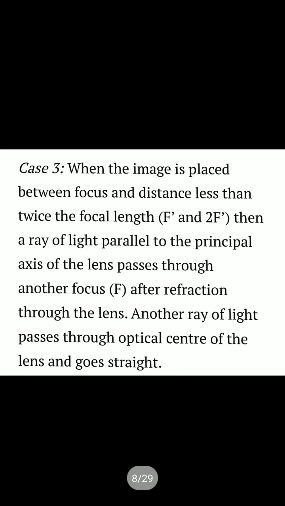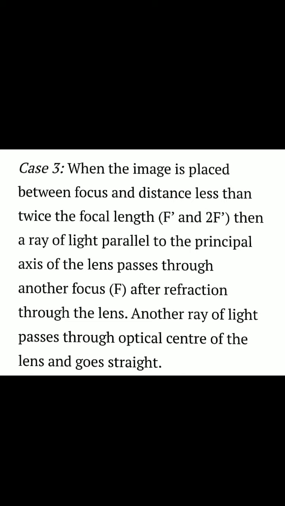Case number 3. Here just one thing is wrong. That is not image, that is object. Just correct it when you write this in your copy. When the object is placed in between focus and twice of the focus. Twice of the focus we already discussed. In the case of a lens, twice of the focus represents the center of curvature.